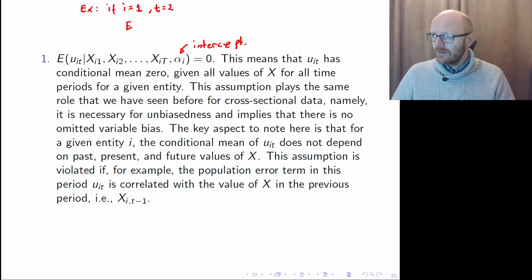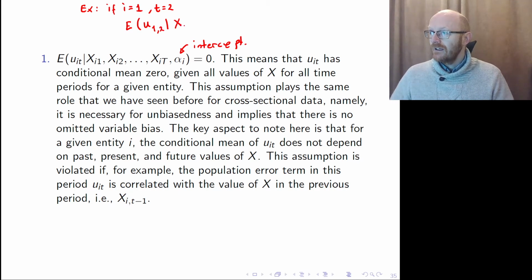Then we would get the expectation of the residual for entity 1 and time period 2 given the x value of entity 1 at time period 1 and the x value of entity 1, the same entity always, at time period 2, and so on until the last time period.